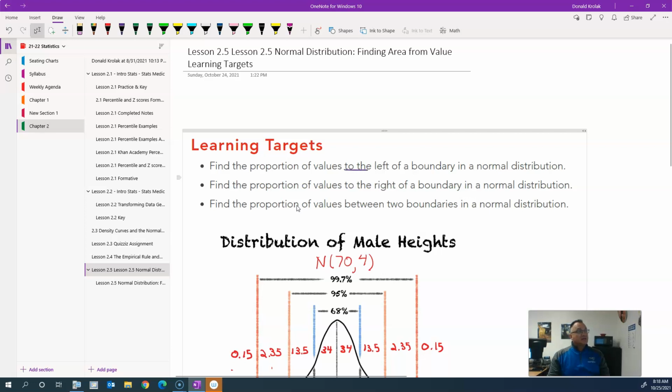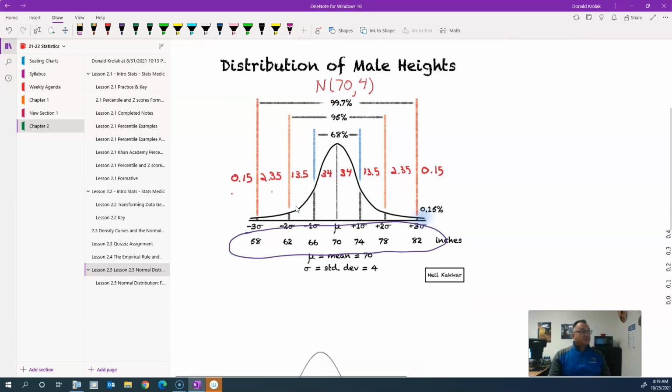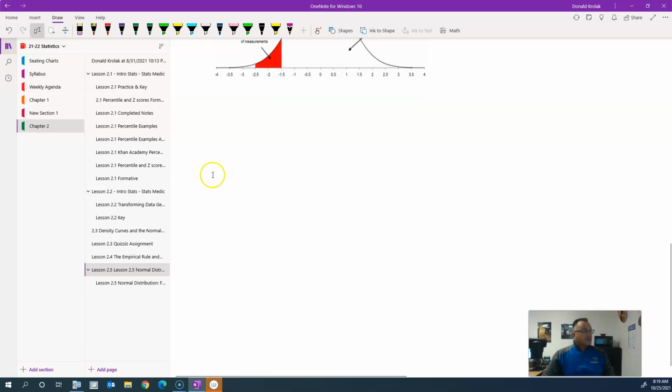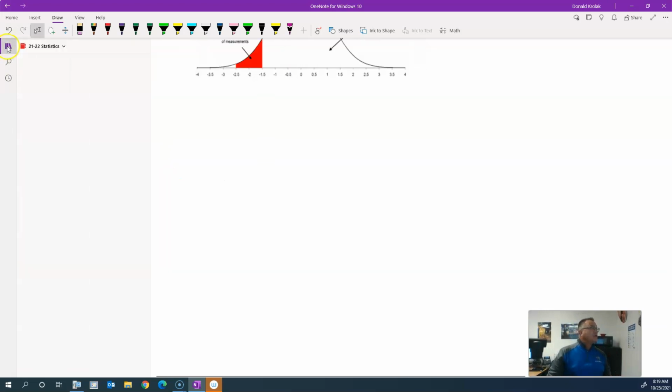So to the left, to the right, and in between, and they're not on the table. So we'll do a couple more examples of on the chart, and then we'll go off the chart.